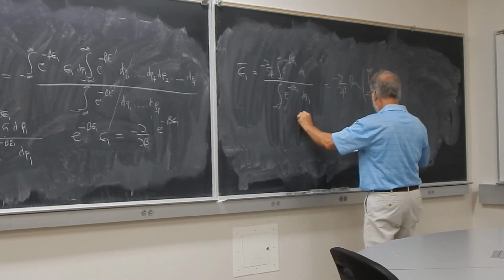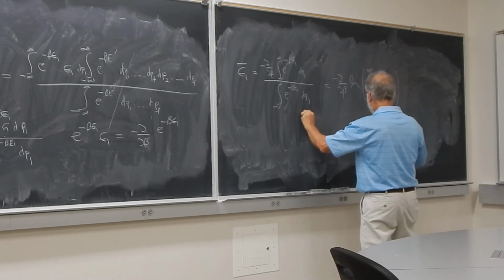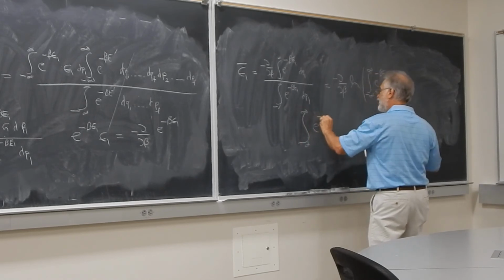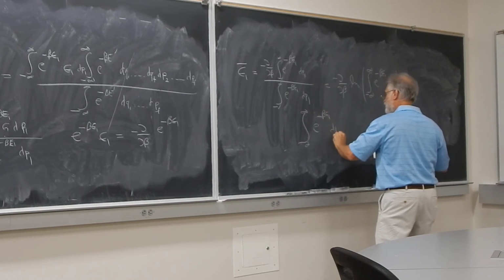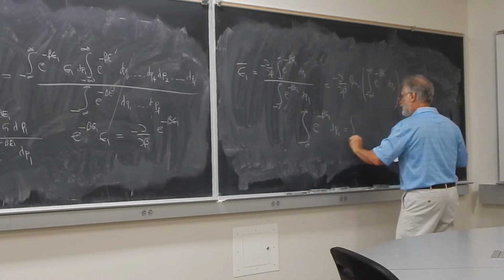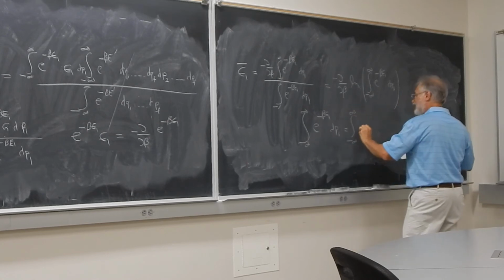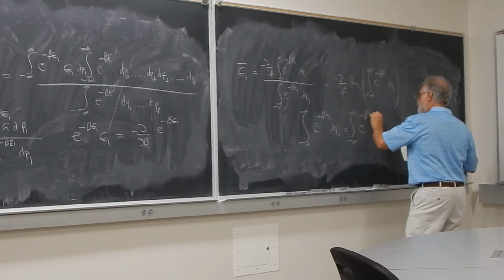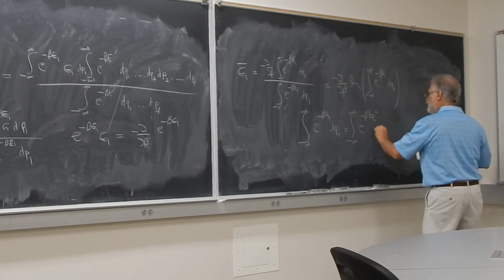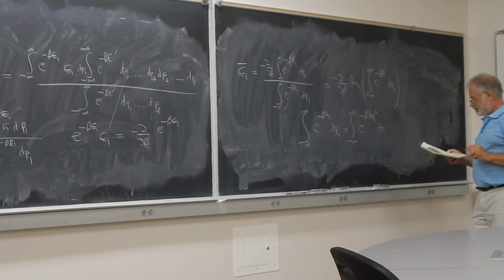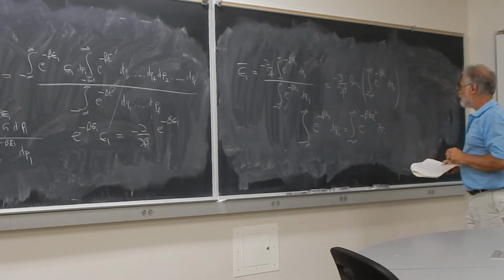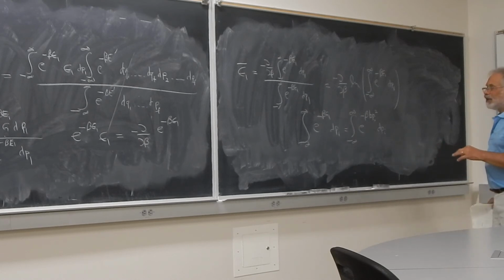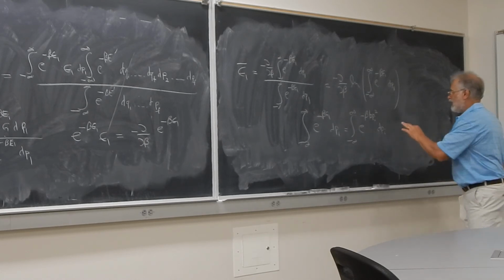Which I can write then, and notice I can write the integral from minus infinity to infinity of e to the minus beta E1 dP1 as the integral from minus infinity to infinity of e to the minus beta b pi squared dpi, because we said we could write the energy in terms of momentum as a quadratic.